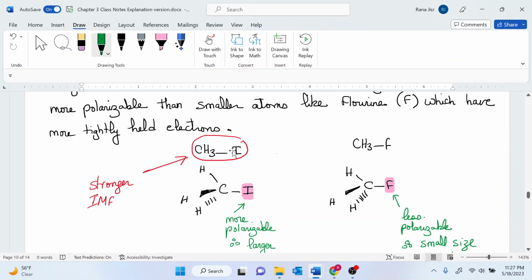The electrons are loosely held. That is going to make the forces of attraction between two CH3I molecules stronger than that between two CH3F molecules, because the iodine will be more polarizable.